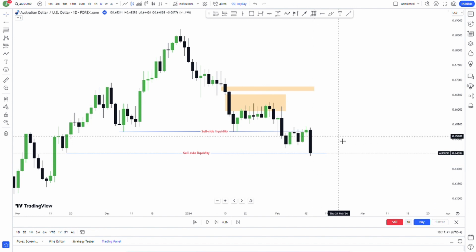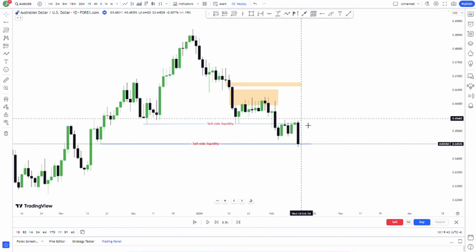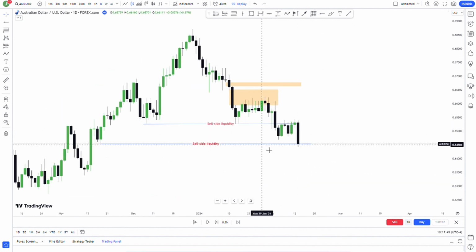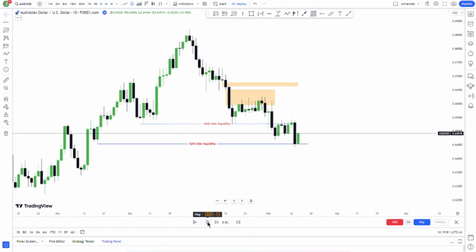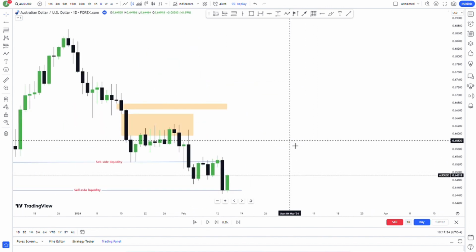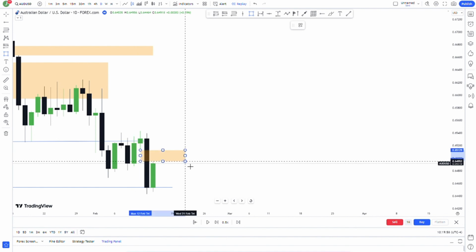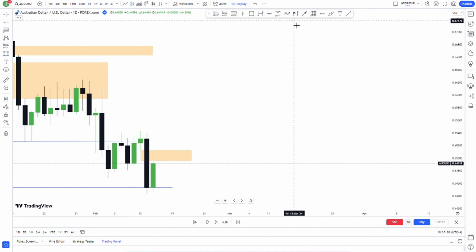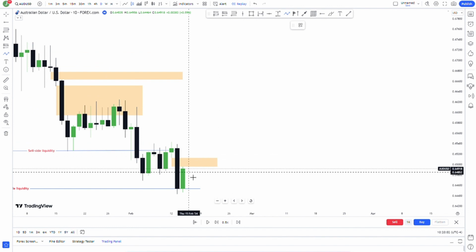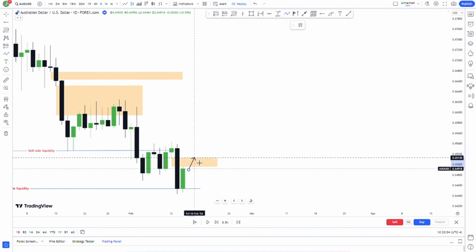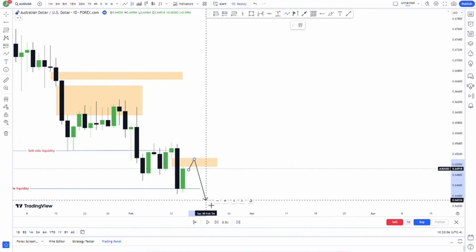Now we see that the market has traded into or through the sell-side liquidity. Now what we want to see is whether or not it'll reverse from those particular levels. Now what we have here is a fair value gap. If the market trades into this fair value gap, we would want the market to sell.